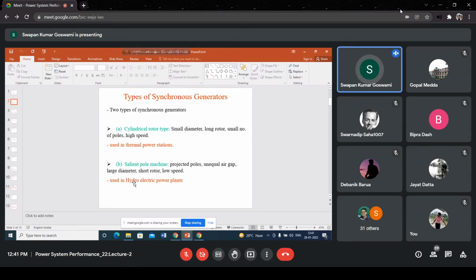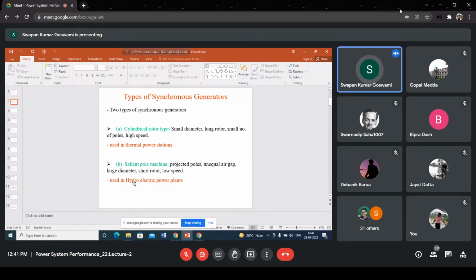Since the reluctance is the same, you can represent this machine by a single reactance. That is, in the equivalent circuit, you can show a single reactance to represent the machine impedance. This will simplify our analysis. That's why, to begin with, we shall assume our machines to be all cylindrical rotor type.